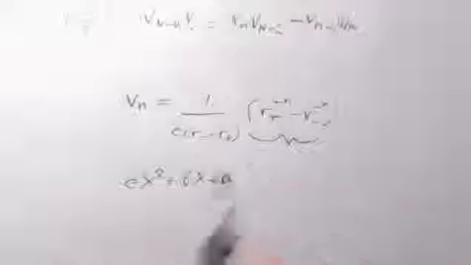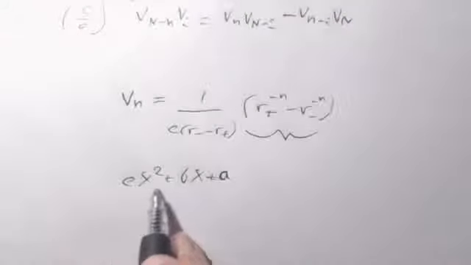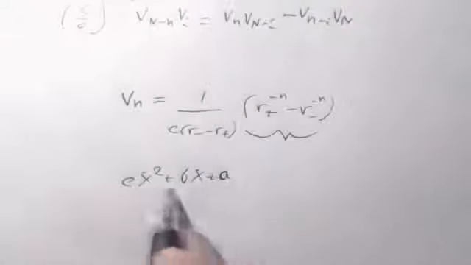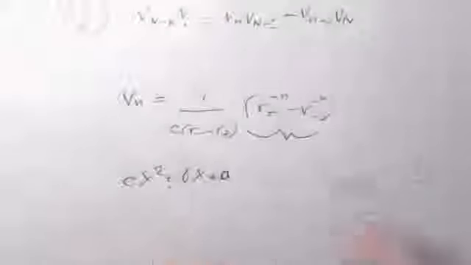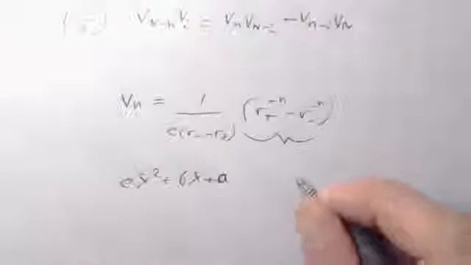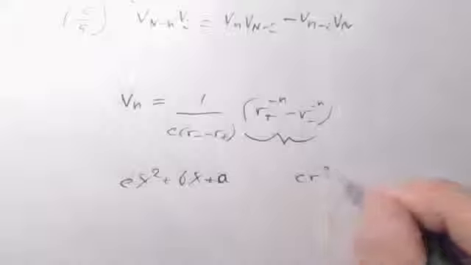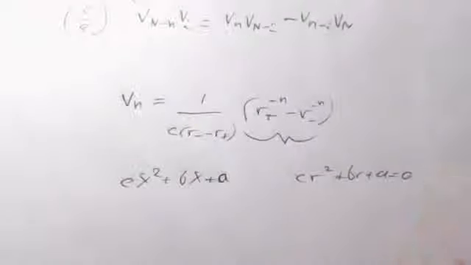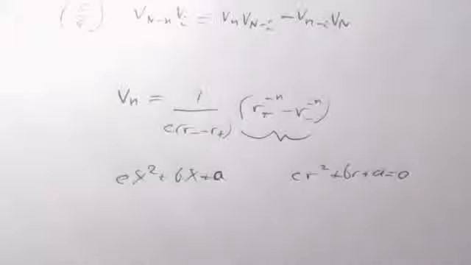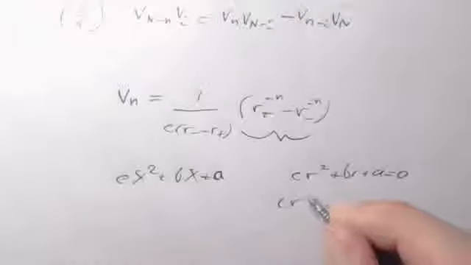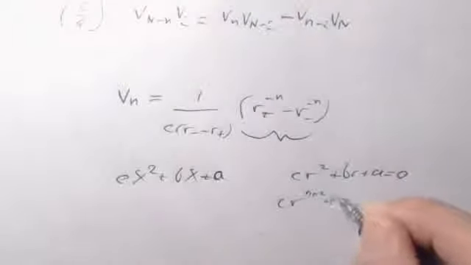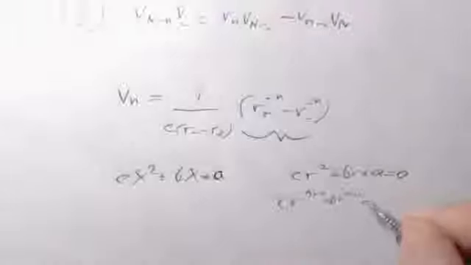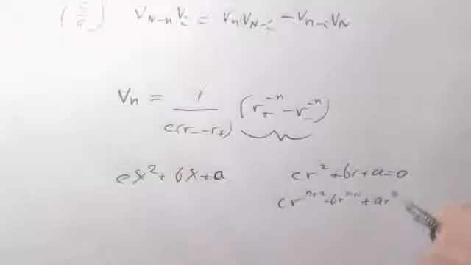Say r is a root of this quadratic, we're clearly going to have cr squared plus br plus a equals 0, and if we multiply through by a power of r, similarly we have c r^(n plus 2) plus b r^(n plus 1) plus a r^n equals 0.